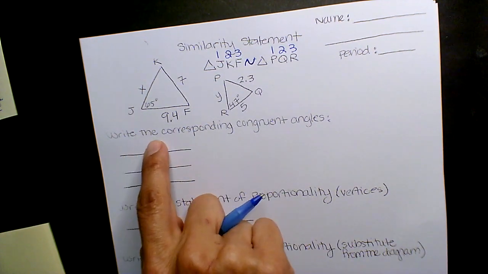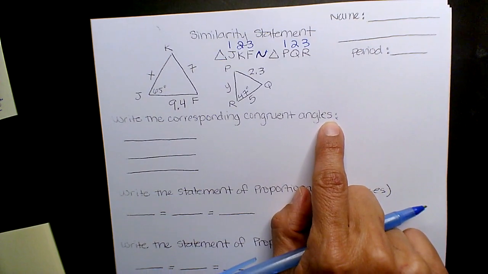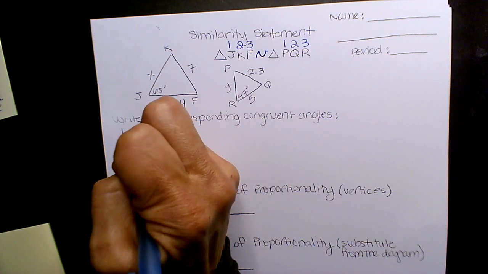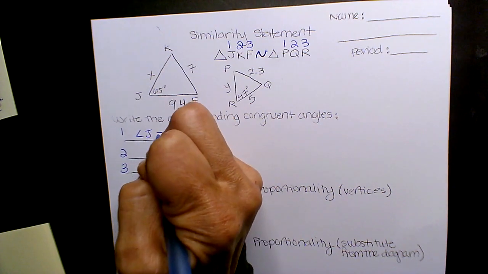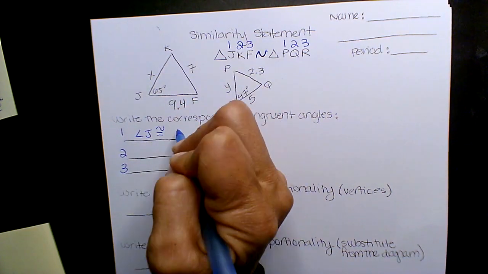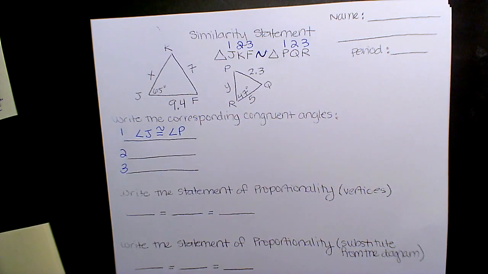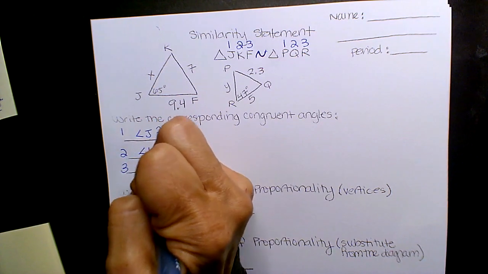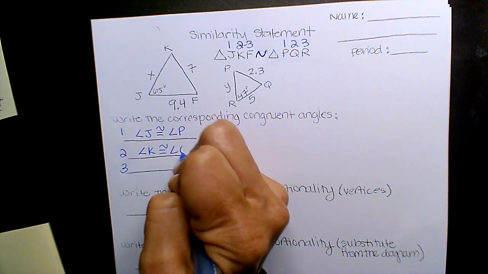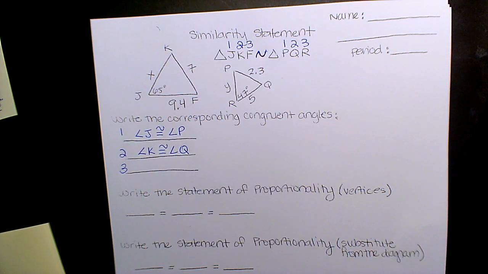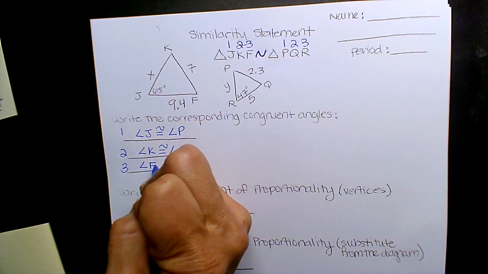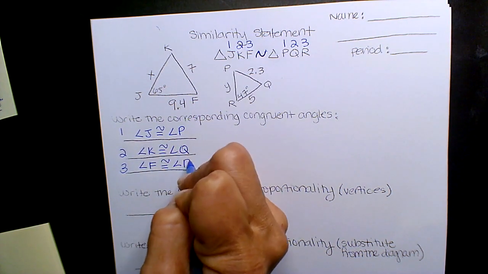So if you're writing your corresponding congruent angles, angle J is congruent to angle P. Angle K is congruent to angle Q, meaning they're the same degree. Angle F is congruent to angle R.